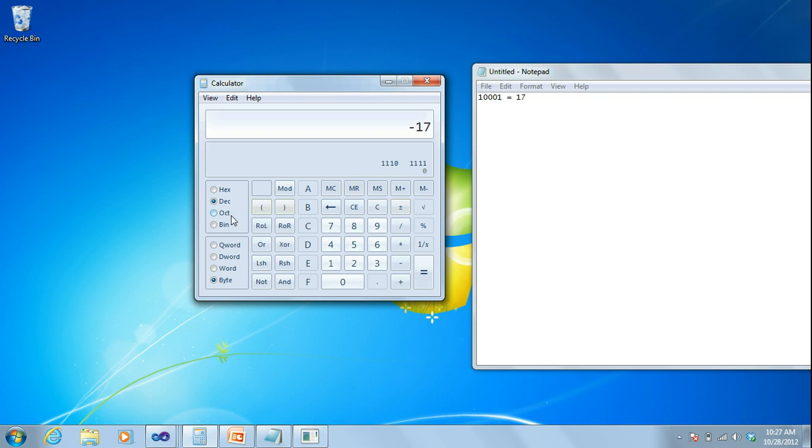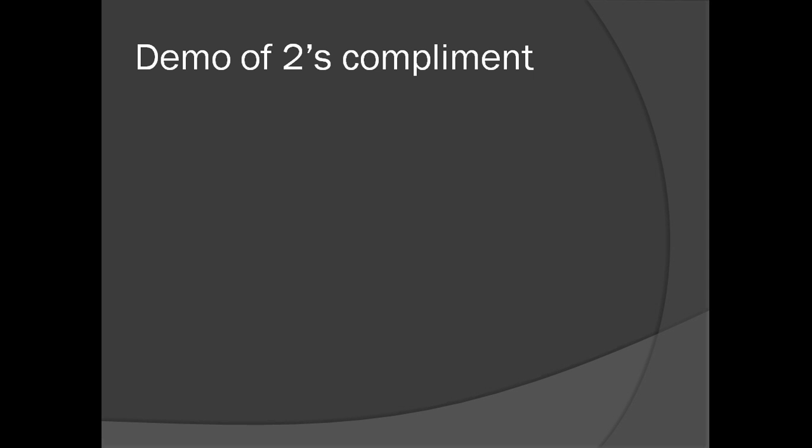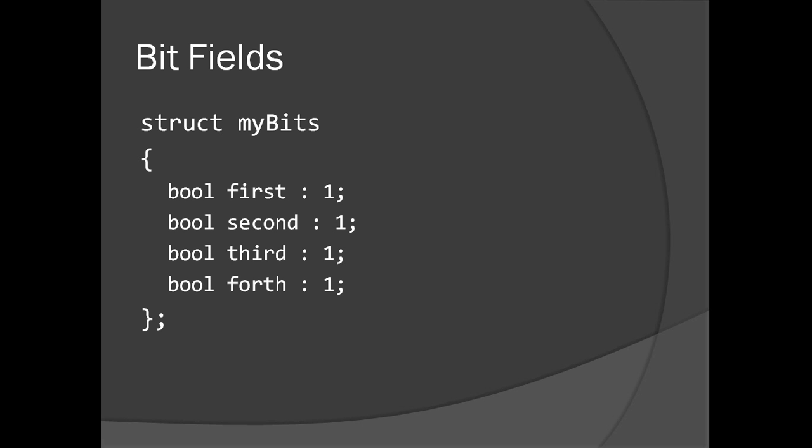Now if I go here, I can see the equivalent of minus 17. This is called the 2's complement format of minus 17. So 2's complement is a way of representing negative numbers in binary digits. This brings our discussion to our last topic, called bit fields in C.